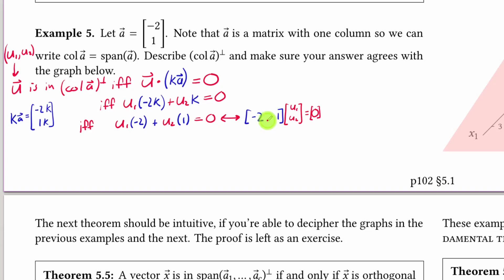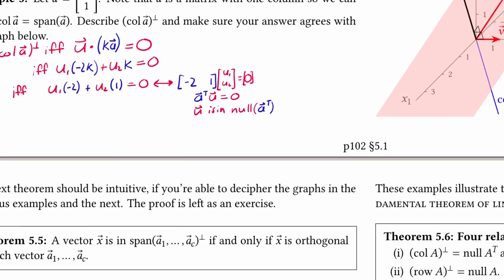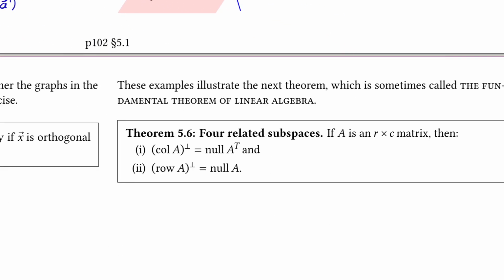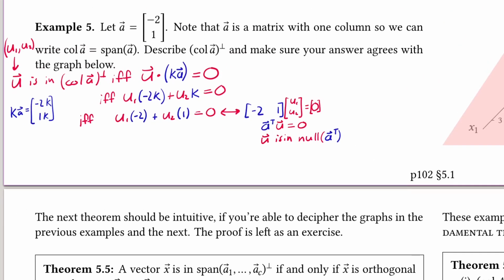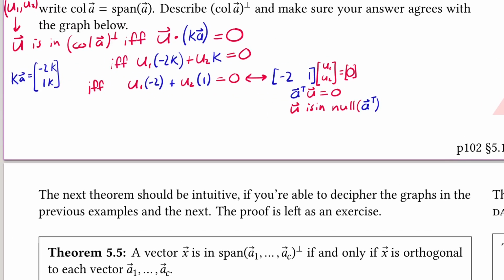This row, negative 2, 1, is the same thing as the vector A transpose times u in getting 0. This is the same thing as saying u is in the null space of A transpose. And you might be like, why are you going off on this tangent, Professor Smith? Well, it is because I'm trying to sort of justify theorem 5.6 before we get there. So just put this in the back of your pocket and we'll think about it later.